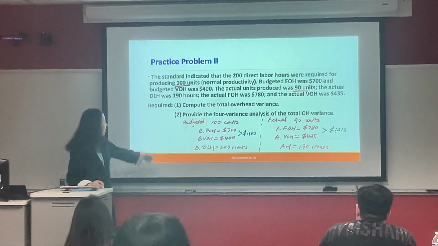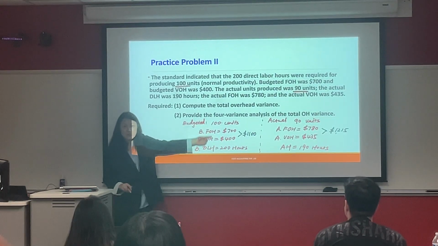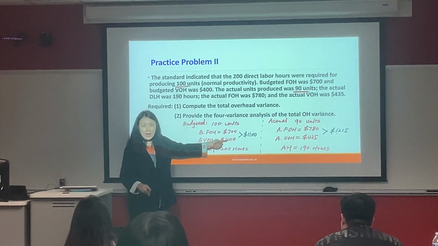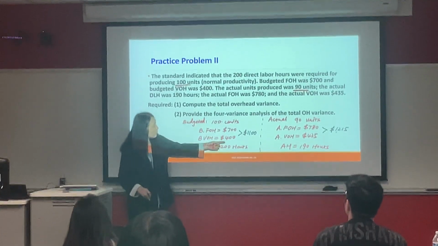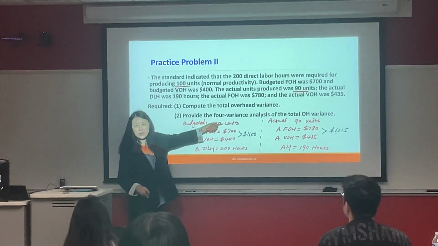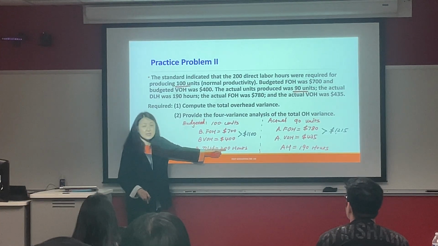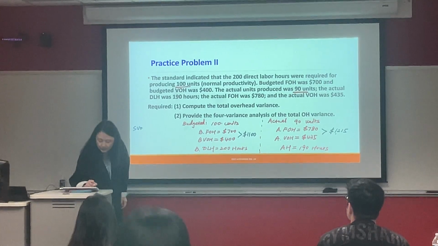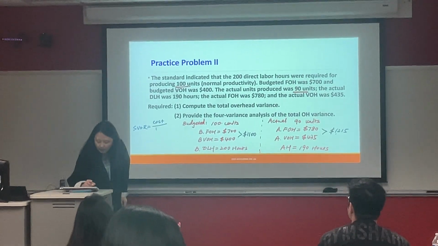Now, SVOR has to be calculated. That's the standard cost per hour. I have to calculate it based on my budgeted model. So variable overhead 400, and total hours 200, all corresponding to 100 units. This is the cost for 100 units and this is the hours for 100 units. That's why you can calculate SVOR as cost divided by hours.